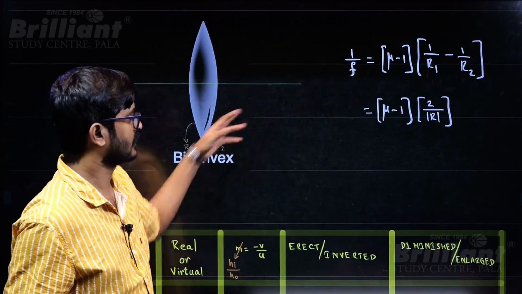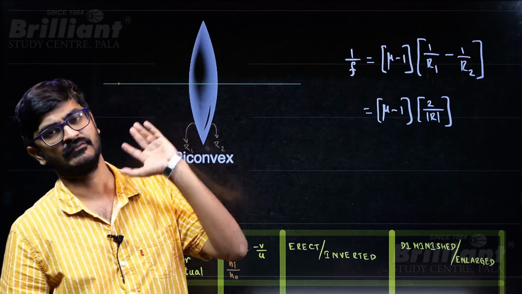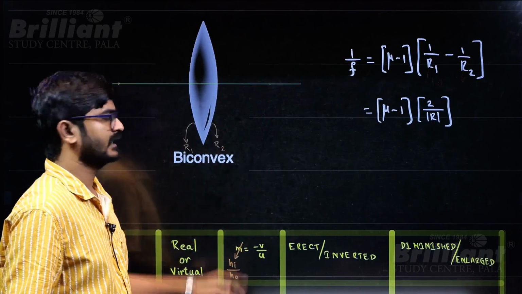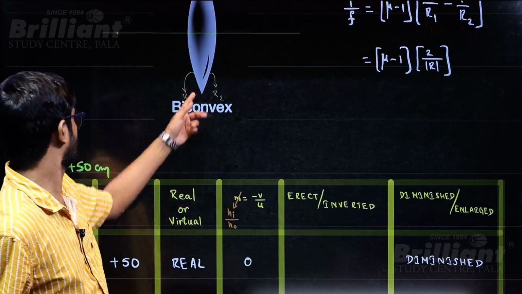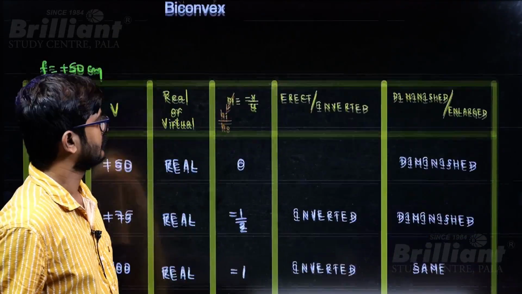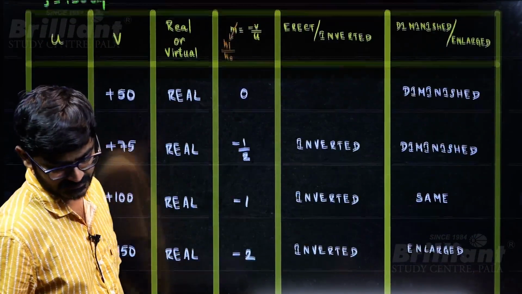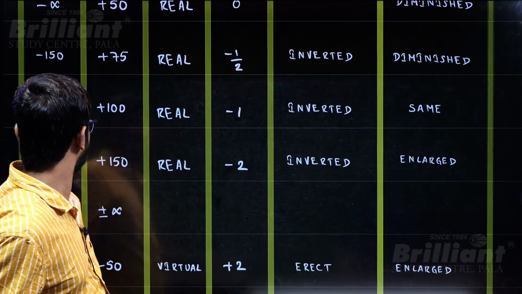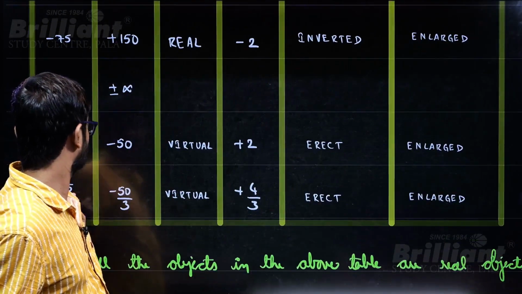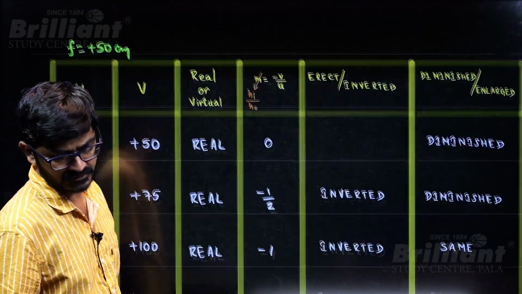So we are going to take positive and solve it. Suppose this focal length is 50 centimeter, like what we have done for the mirror case. Now focal length is going to be plus 50. Plot the images for the same object distances: minus infinity, minus 150, minus 100, minus 75, minus 50, minus 25, minus 25 by 2. The meaning is all the objects are real.